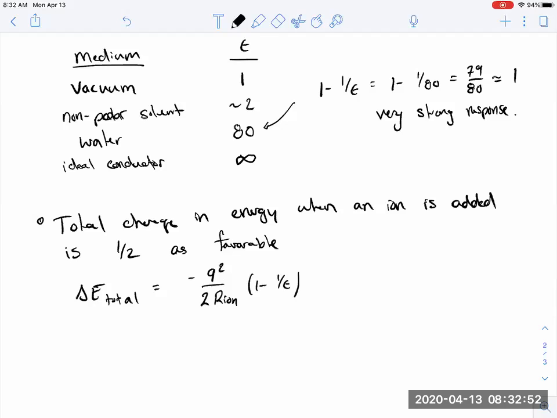When we actually account for the rise in the energy due to those dipoles aligning parallel to each other, that's unfavorable. That raises the energy, which was lowered due to those favorable interactions between the ion and those dipoles. We still arrive at something simple, which is that the total change is just 1/2 the change that we had before. And if I'm being more specific, this is usually the formula which is known as the Born solvation model.